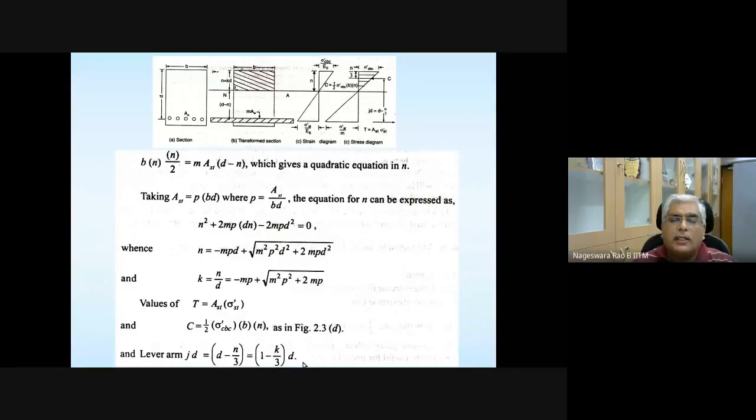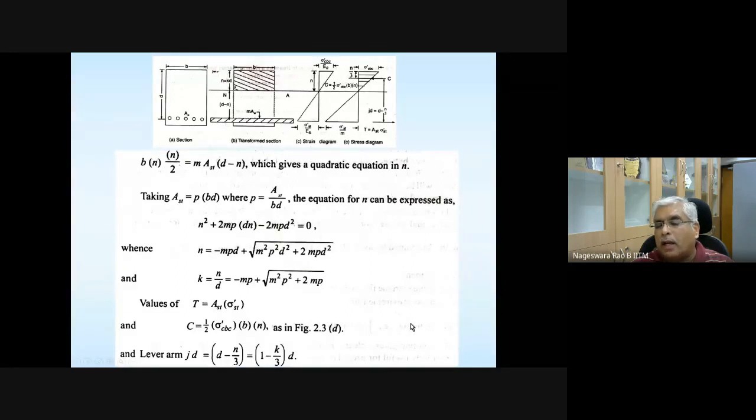Okay. So now, please note that this resultant compressive force C has to balance the resultant tensile force T, because otherwise the section is not going to be in equilibrium. Resultant compressive force C should be equal to resultant tensile force T. They are separated by this lever arm distance and form a couple that is the same as whatever moment you apply.